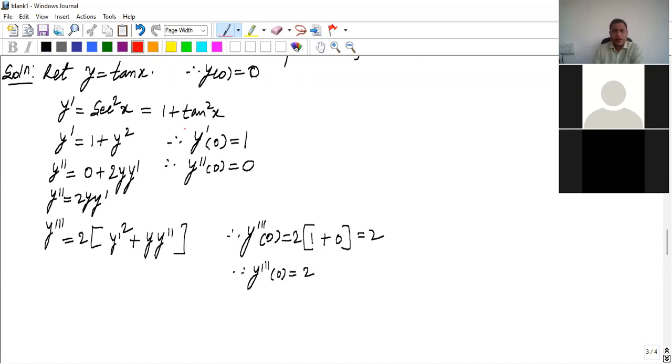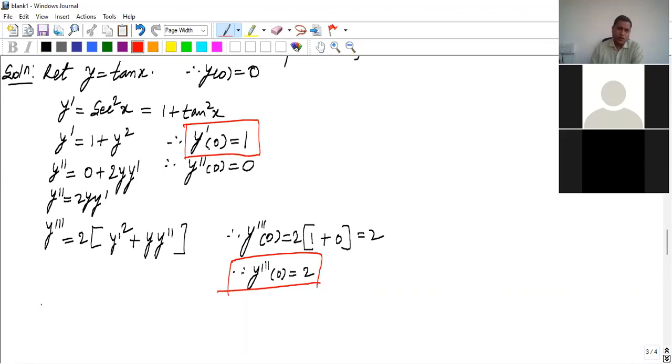Okay, so you can see here we got y dash at 0, then we got y triple dash at 0 as the non-zero term. Okay, so we need to have at least one more non-zero term to claim the series.